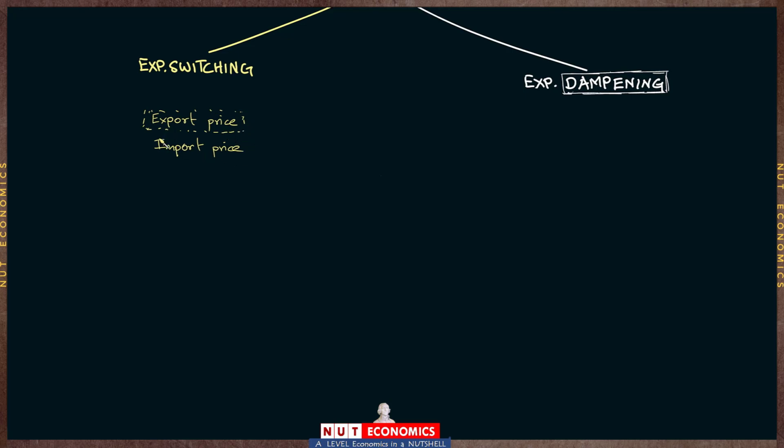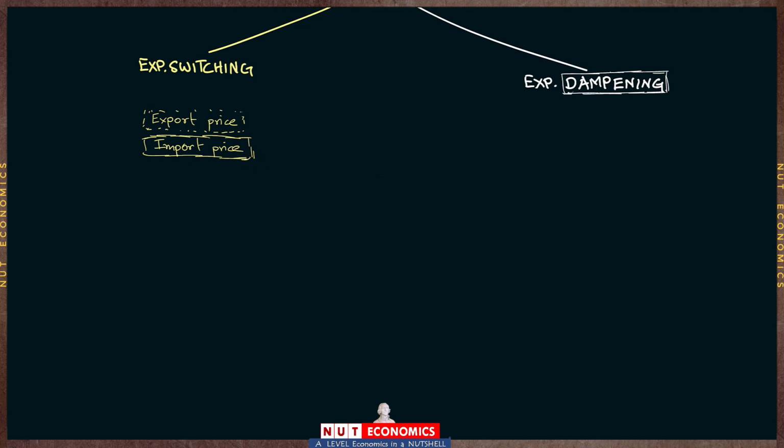And similarly, if you want to convince your own local people to stop buying from other countries and buy your own products, then you have to make the imports relatively more expensive than what they are right now.